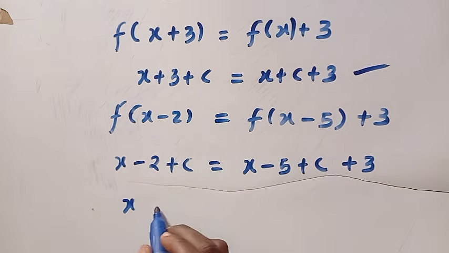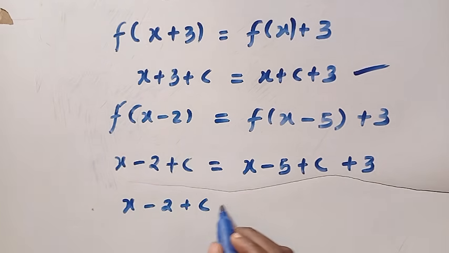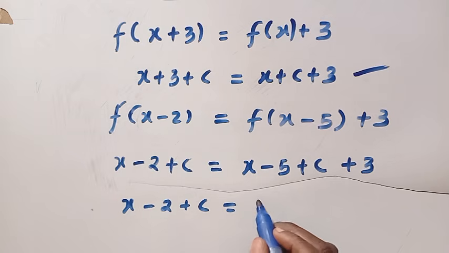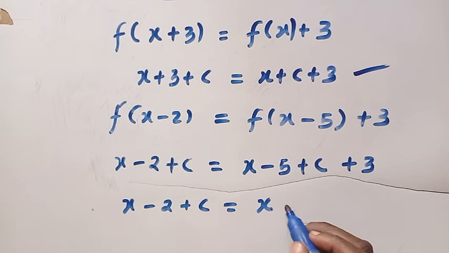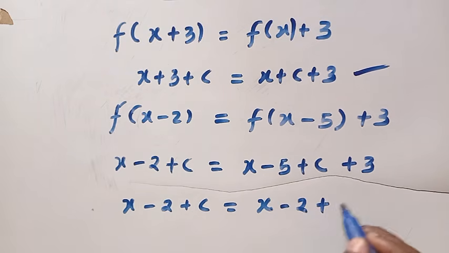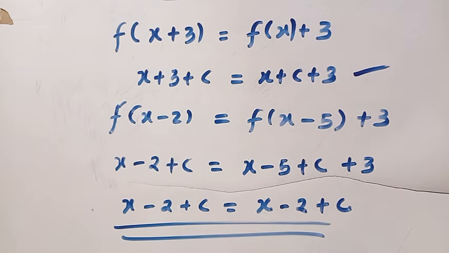So x - 2 + c = x - 5 + 3 + c, that is x - 2 + c. These two sides are also equal, and this is how I solve this problem step by step without missing any steps.